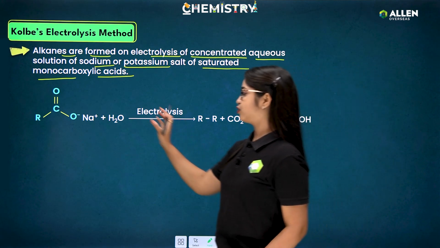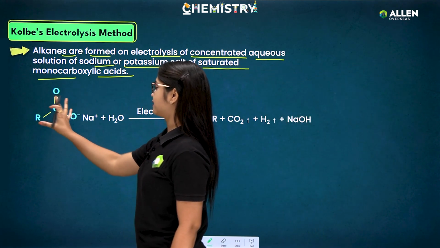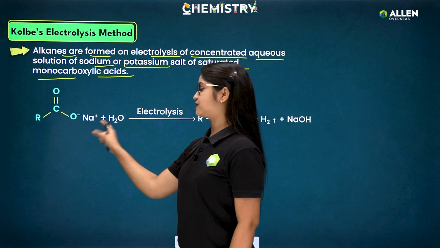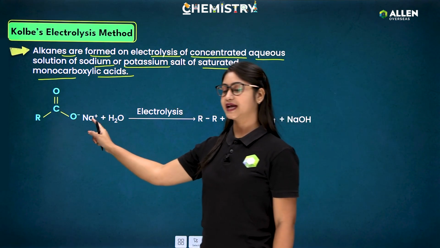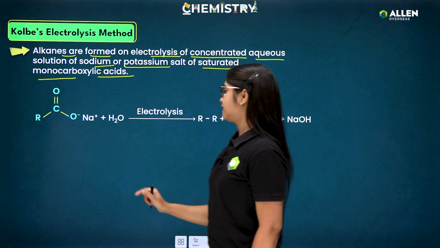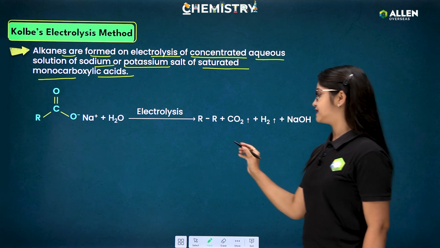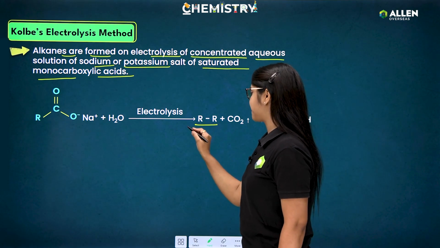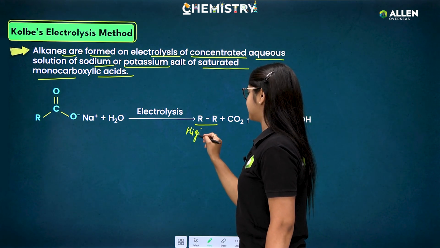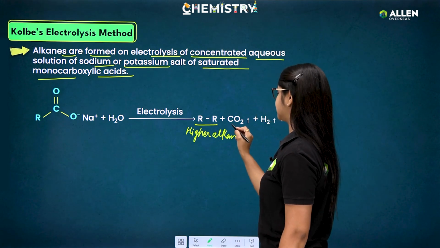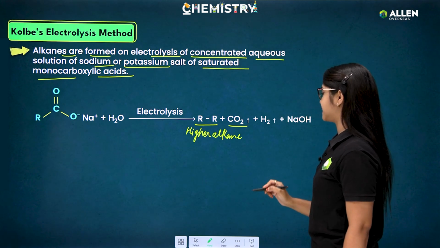Suppose you have this sodium carboxylate salt. This is a saturated monocarboxylic acid and the salt of this carboxylic acid with sodium. And this is the aqueous solution and you are electrolyzing it, so you are getting R-R. R-R means higher alkane, plus CO2 gas. Hydrogen gas and NaOH will also be obtained.